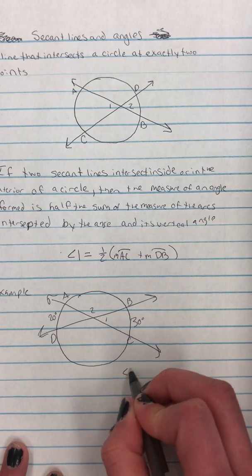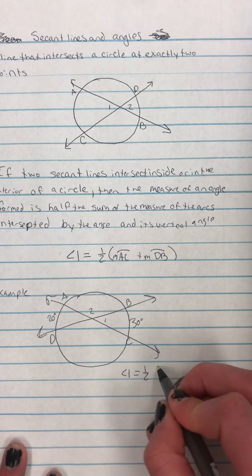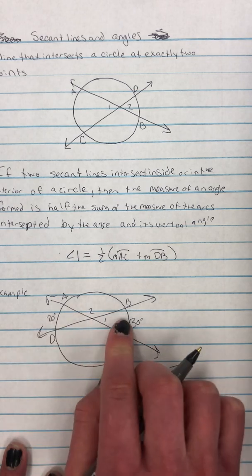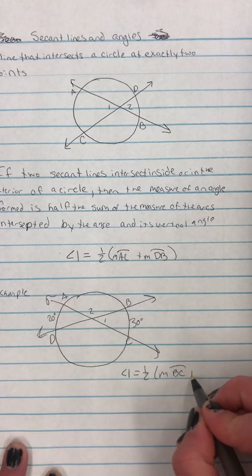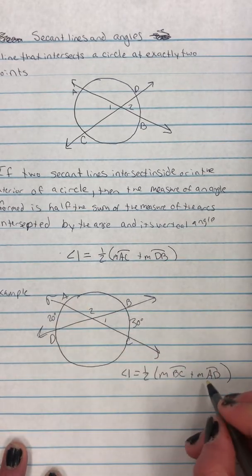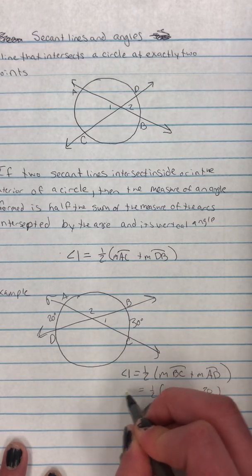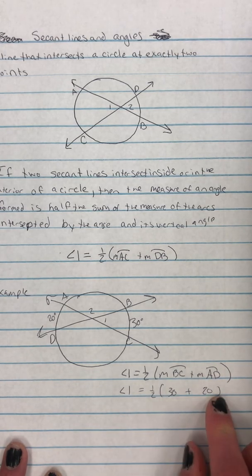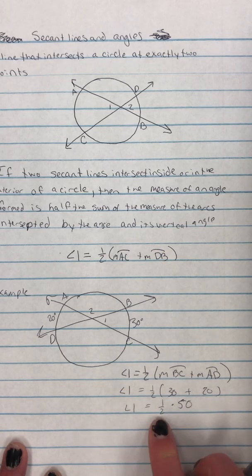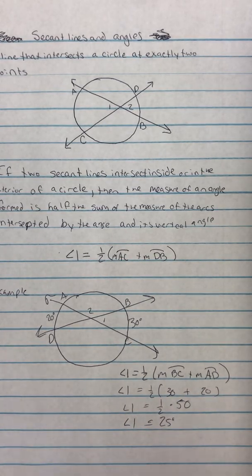We know angle 1 is equal to 1/2 the measure of the arc BC and its vertical angle's arc, or AD. We know AD is 20, and we know BC is 30. 30 plus 20 is going to be 50. Half of 50 is going to be 25 degrees. So our angle 1 is 25 degrees.